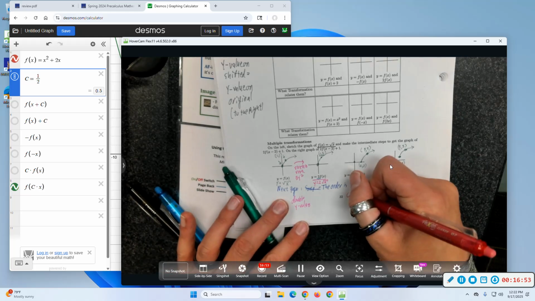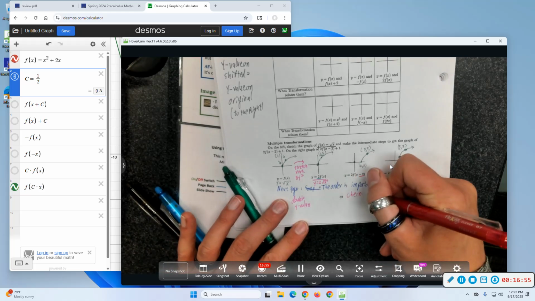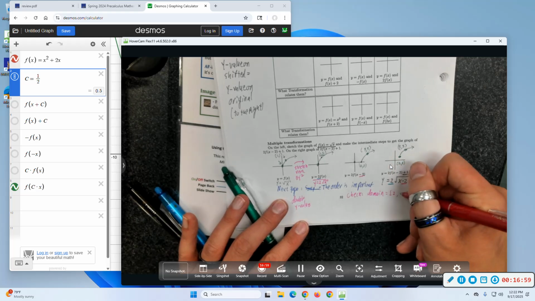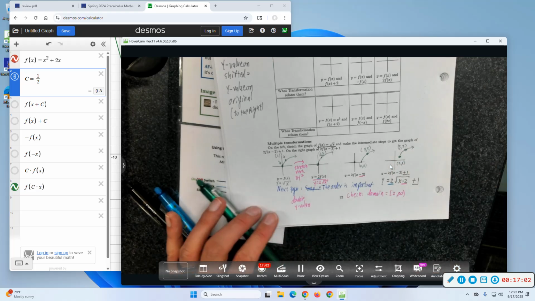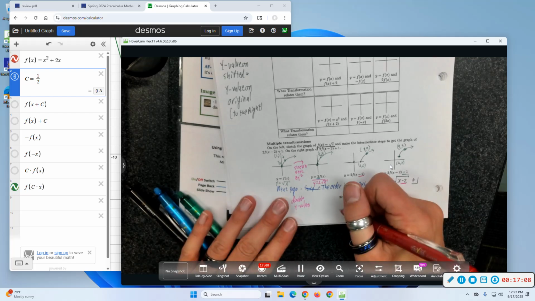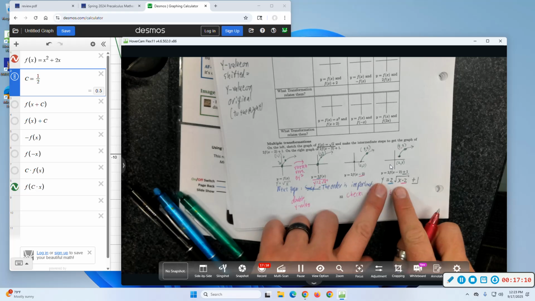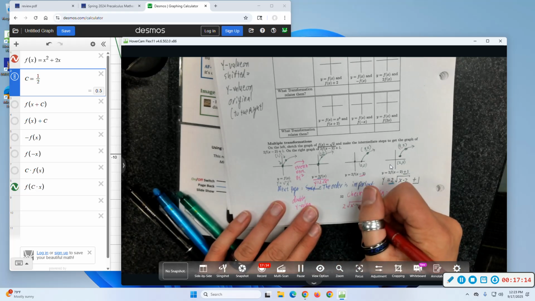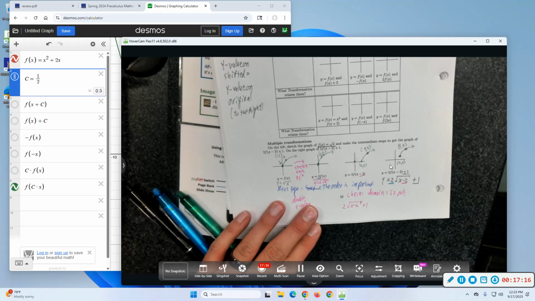Cool. So the domain sure looks like it's 2 to infinity, and that's by looking at the graph. Oh, but we can also check domain algebraically, right? So that's what the function is. 2 square root x minus 2 plus 1.